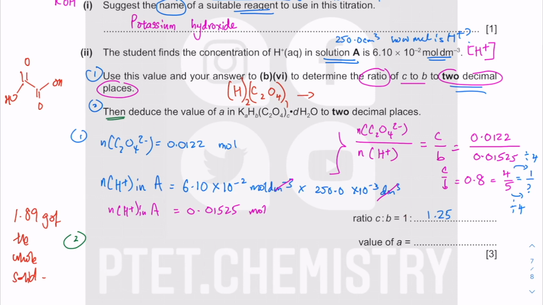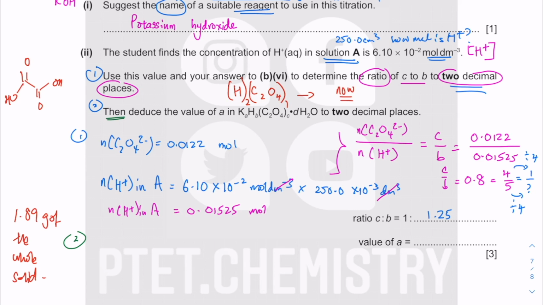Now you only have 1:1.25, right? Originally you have one of the C2O4, one of it has 2 hydrogen. So C over B originally is 1:2. But now 1:1.25.